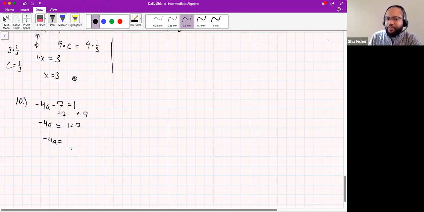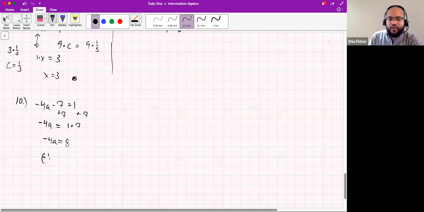Now this time the variable is a, equals 8. Now I want to get rid of the negative 4. And don't forget about the negative part. So to get rid of the negative 4 and change it to a positive 1, I need to make sure to incorporate the idea that negative times negative equals positive.